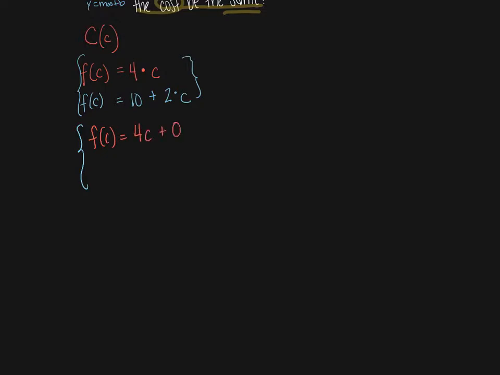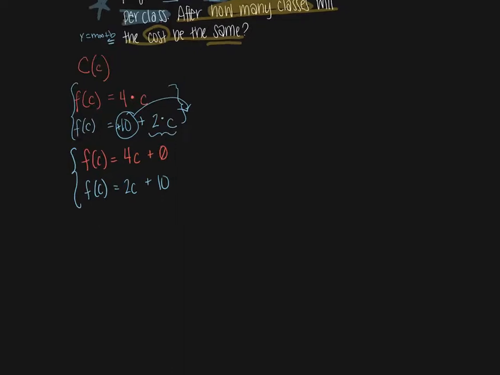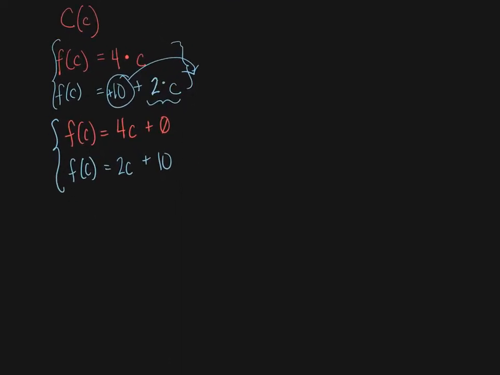In this case, plus 0. And my blue is 2c plus 10. All I did was take this and move it over because y equals mx plus b. My m in this case is my 2, it's my slope.